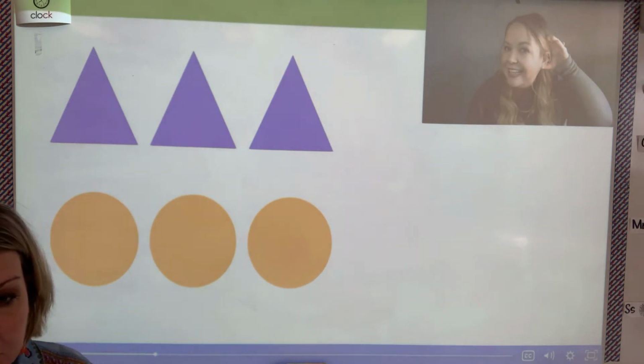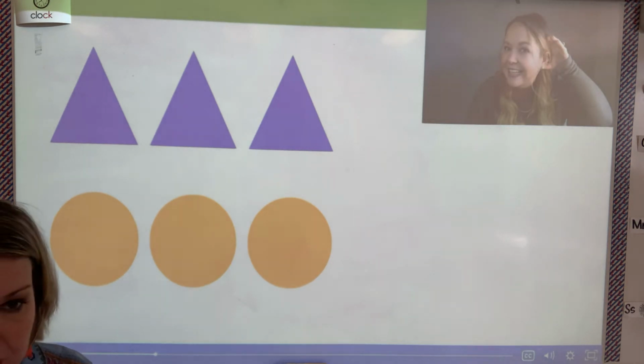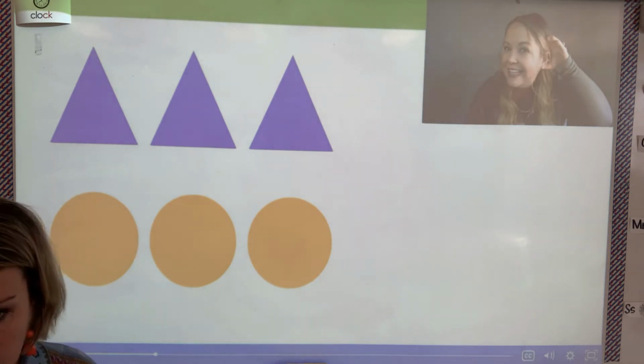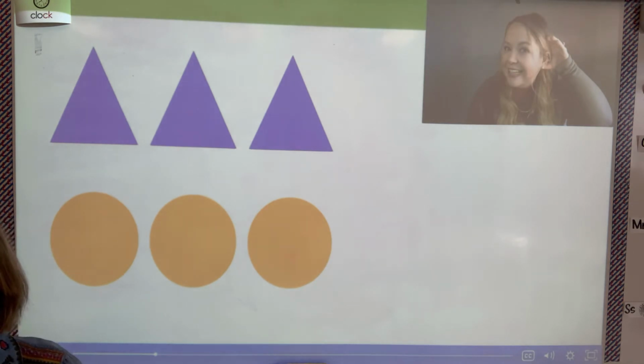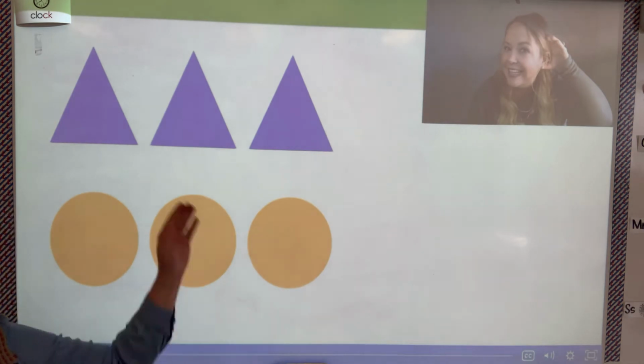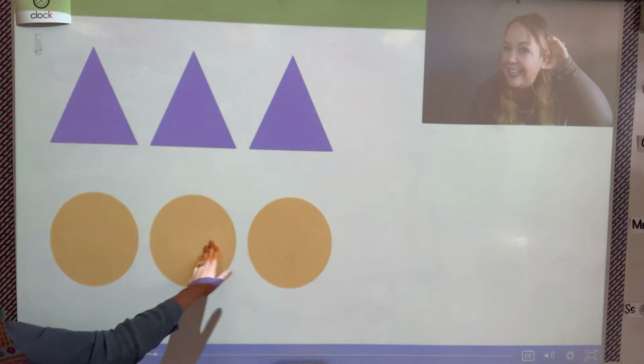Okay, good observation. What else does anyone notice about the shapes on the screen? Estelle? There are some shapes yellow and some shapes purple. Okay, so they're different colors. I noticed that there's 3 on top and 3 on bottom.